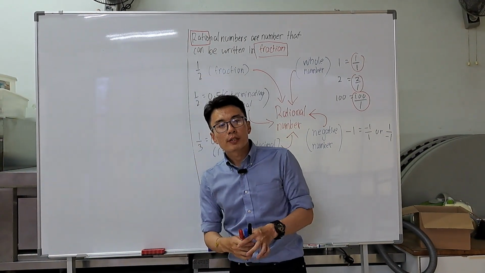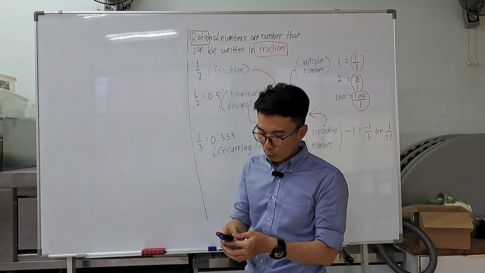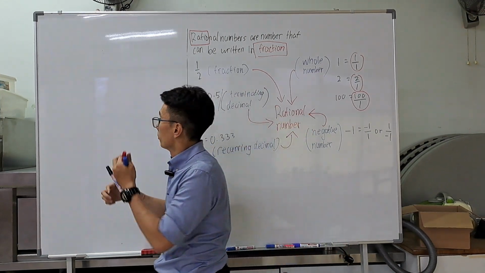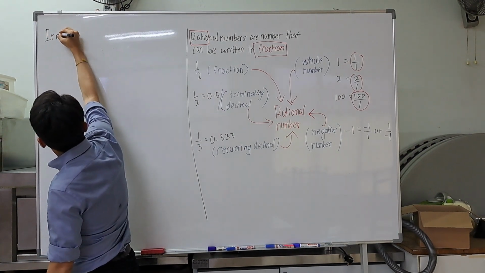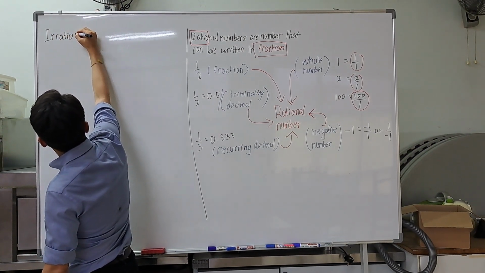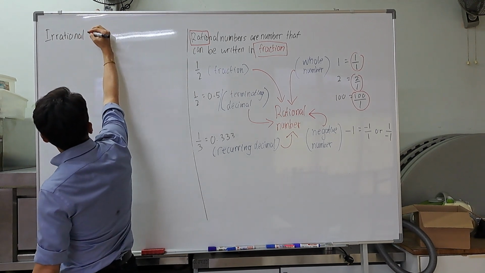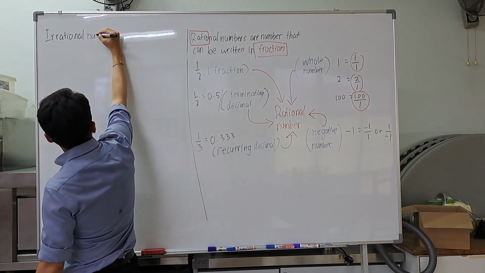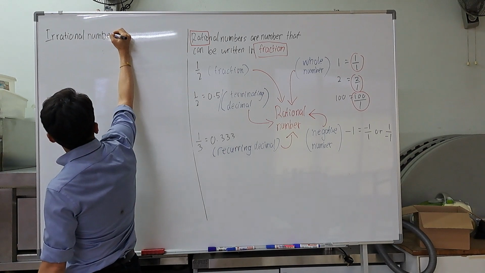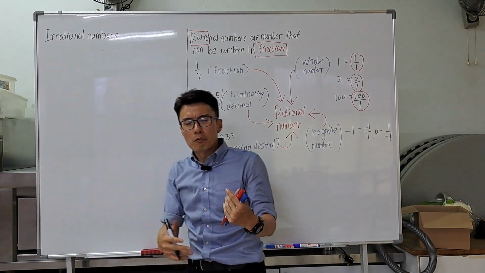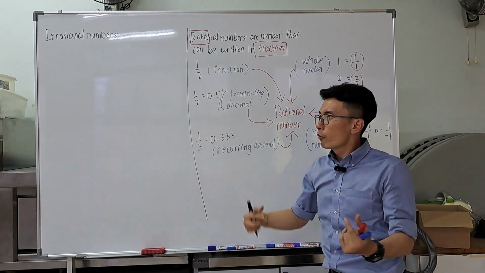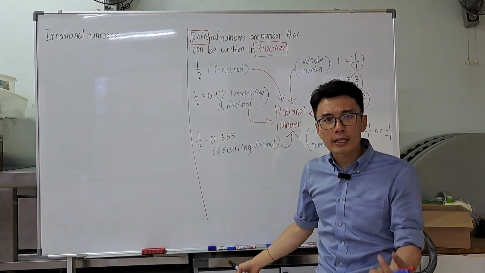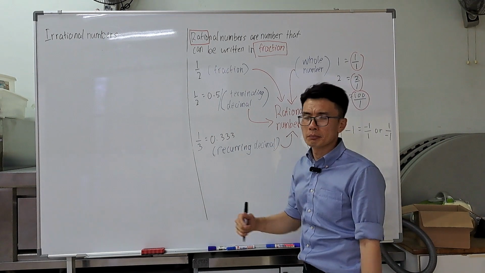Alright, so the next thing we will be talking about are irrational numbers. Based on the previous definition, rational numbers are numbers that can be written as a fraction.